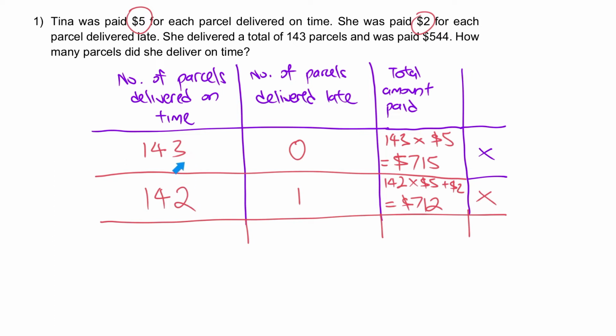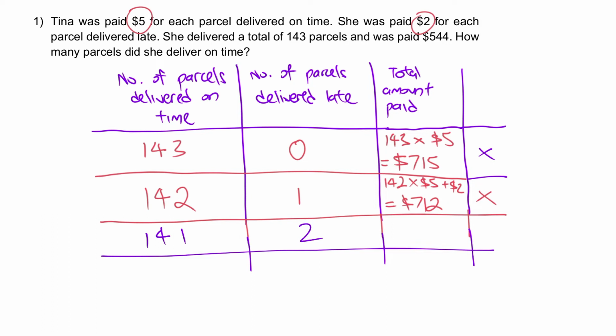Each time you decrease this number by 1 and increase this number by 1, it drops by $3. One way you can look at it is that, well, if I earn 5 less and I earn 2 more, the difference will be $3, isn't it? So even without calculating, I know for a fact for this third row, the amount will be 709. Each time is going to drop by $3 whenever I follow down the pattern.